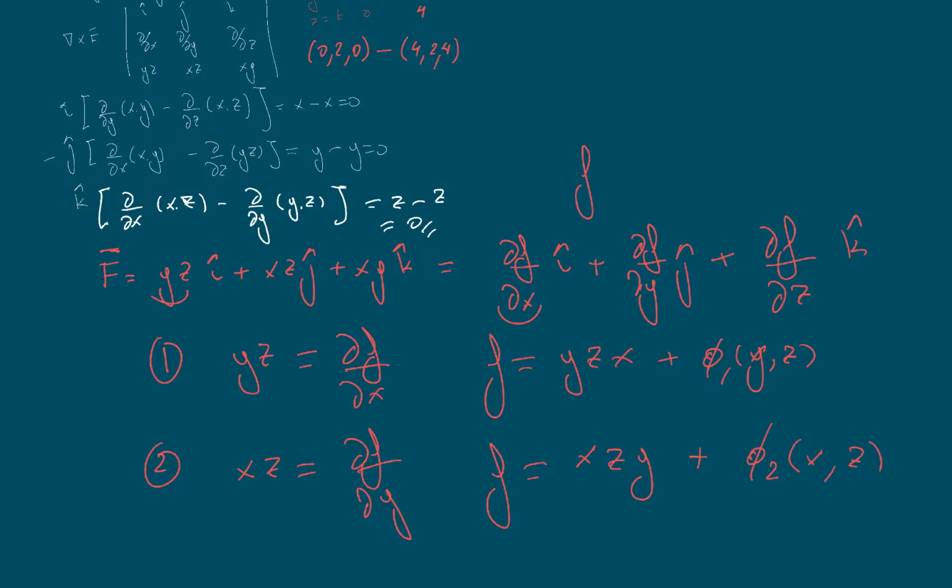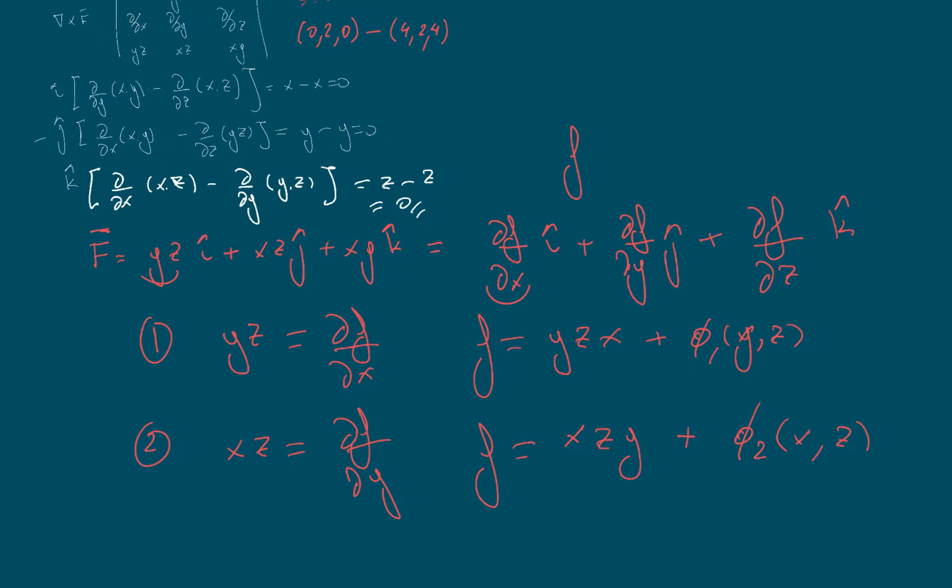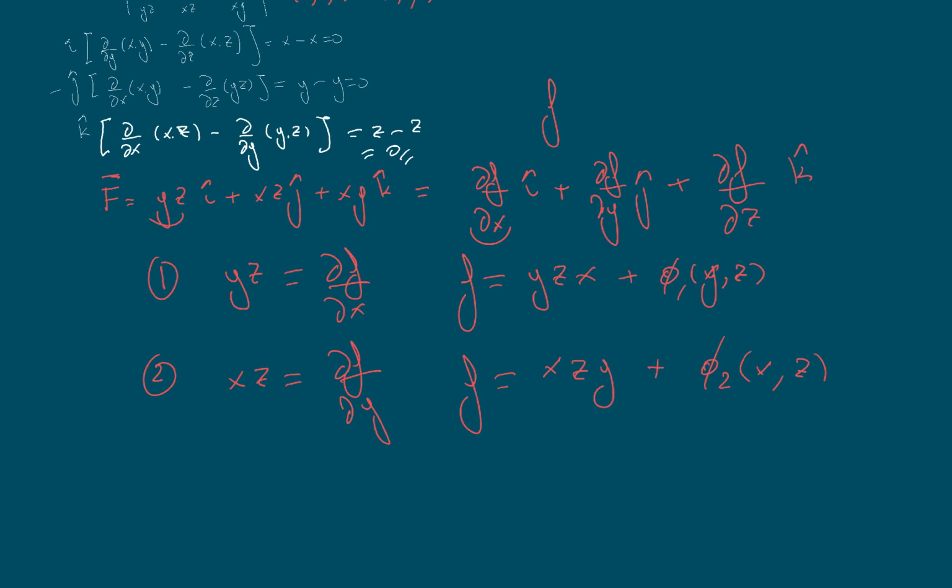So the third condition will be that x multiplied by y should be the derivative of f with respect to c. So f is clearly x y c.